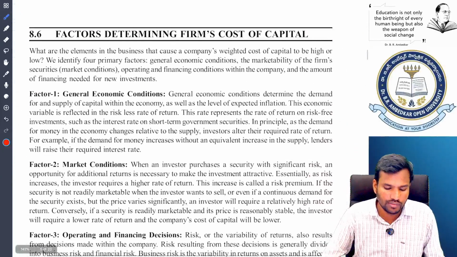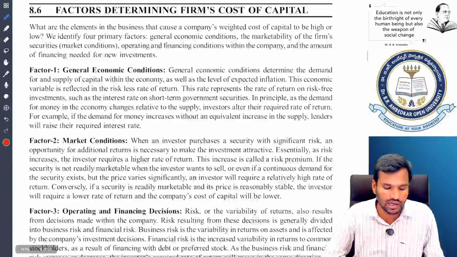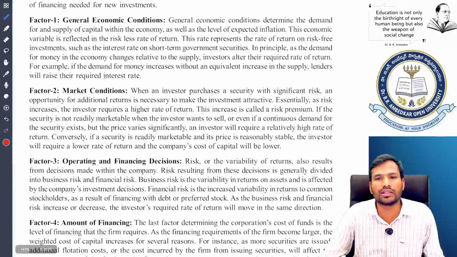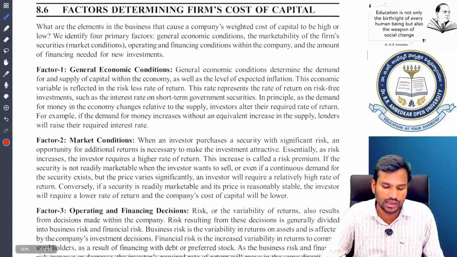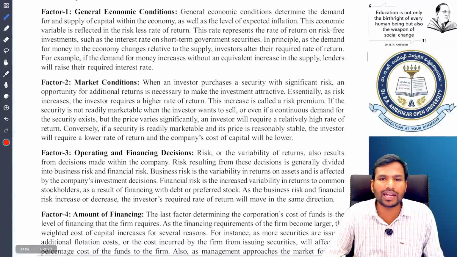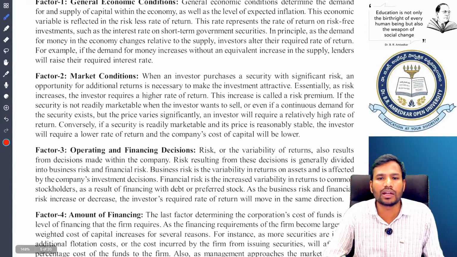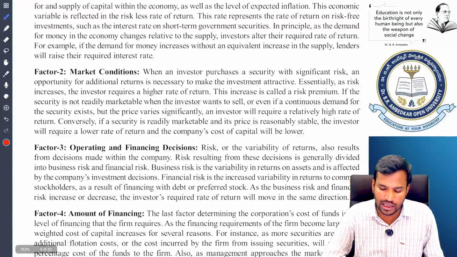And factors determining the firm's cost of capital: general economic conditions. Economic conditions, the supply of capital in the economy, that also will decide the cost of the capital. Market conditions, and significant risk in the market.